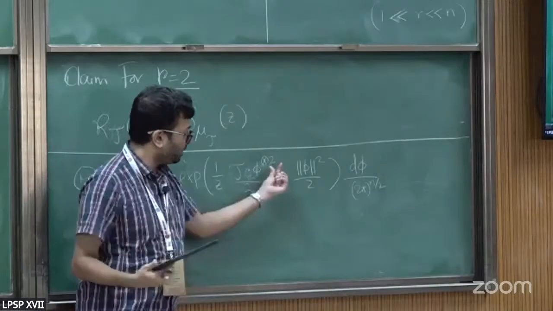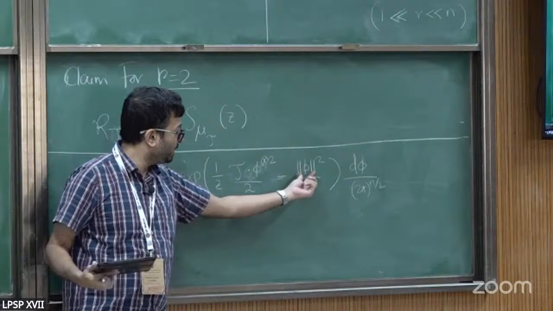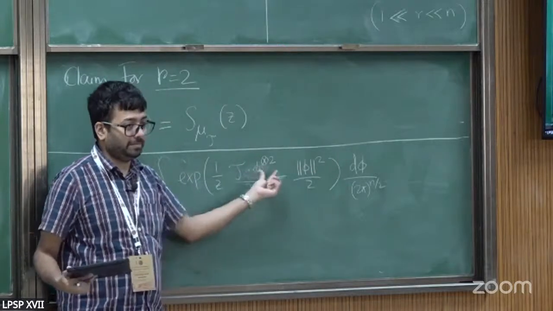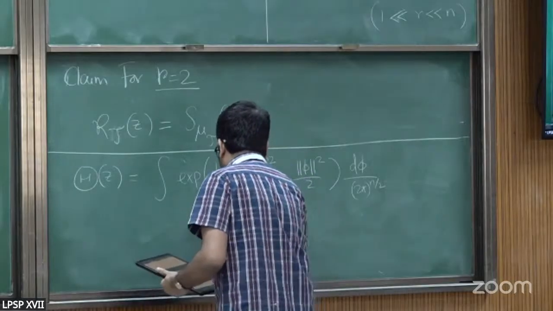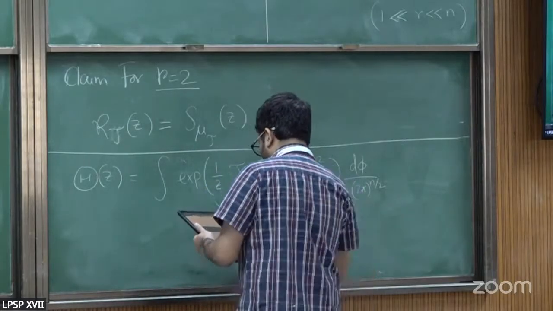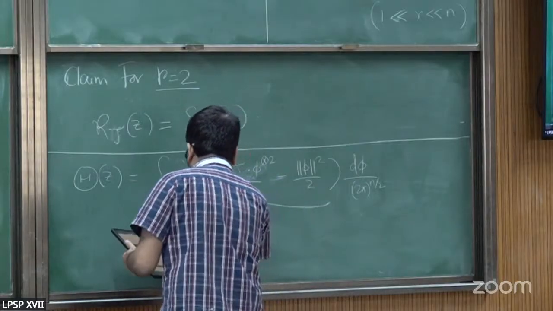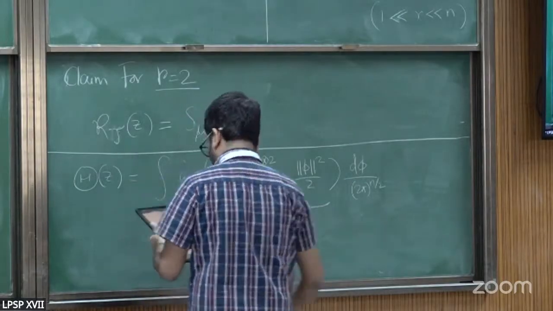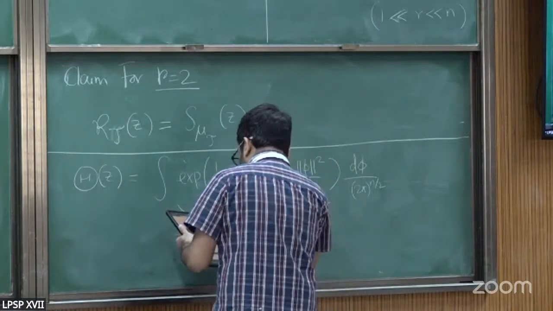I am in R equal to 2, so both of these are really quadratic forms. This is like phi transpose phi, this is phi transpose T phi, right? This is a quadratic form. So I'll write this whole thing as a new quadratic form.